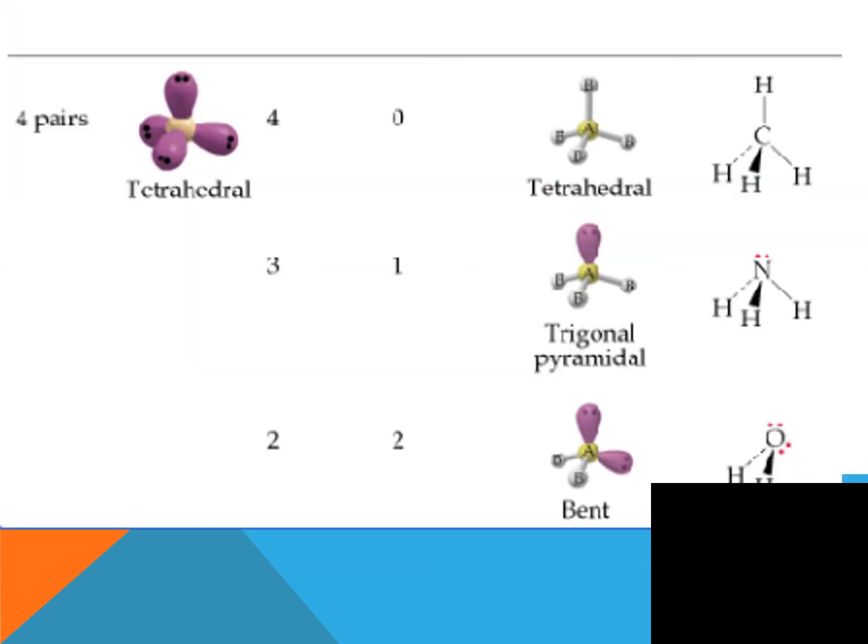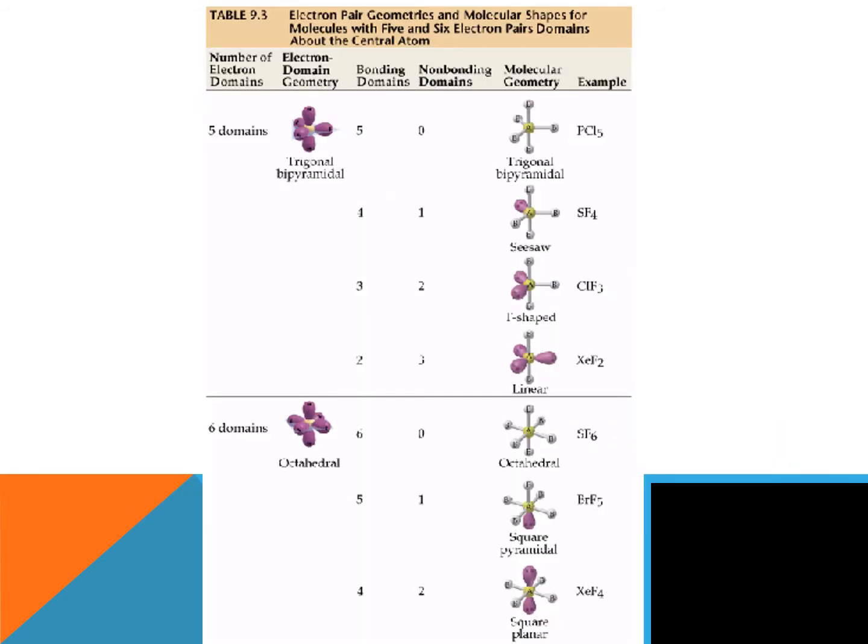And so forth. You can see tetrahedral again has 4 bonding pairs, no lone. Trigonal pyramidal has 3 bonding pairs, 1 lone. A bent has 2 bonding and 2 lone. Okay, and then the same thing with 5 domains and 6 domains.